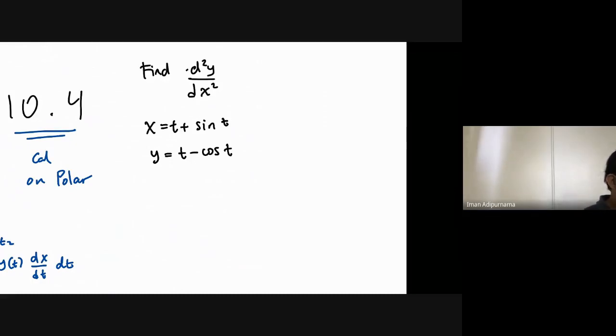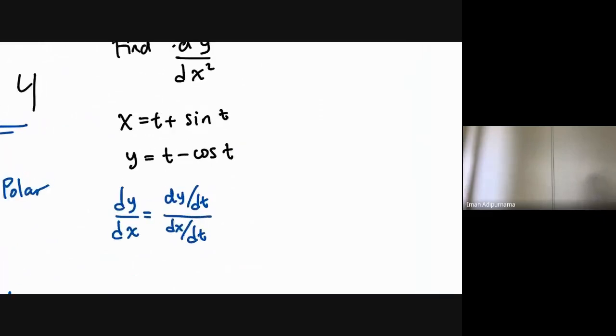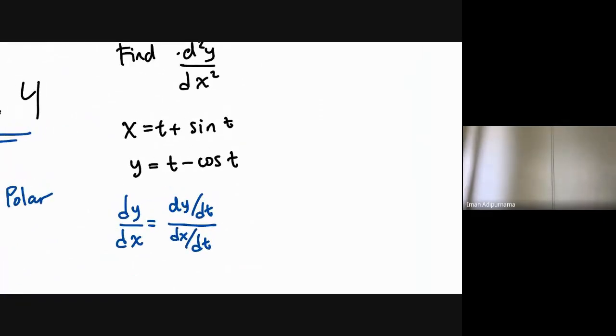Of course, the next step from here is just finding the dy dx, right? Which is dy over dt divided by dx over dt. And please always be careful, okay?